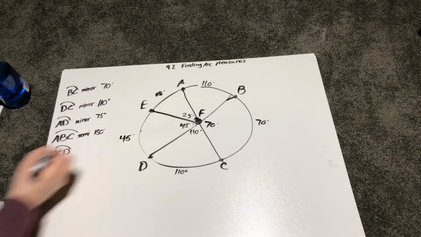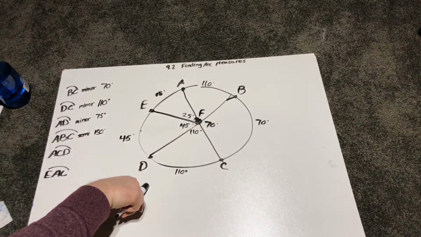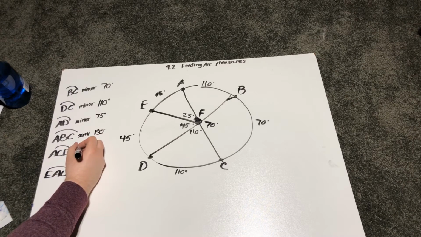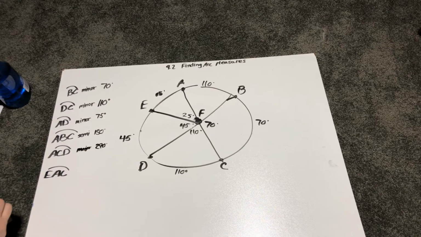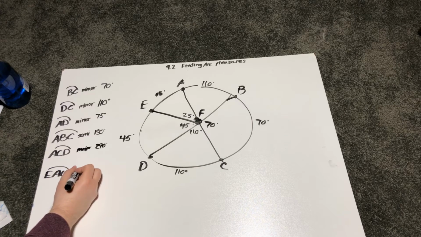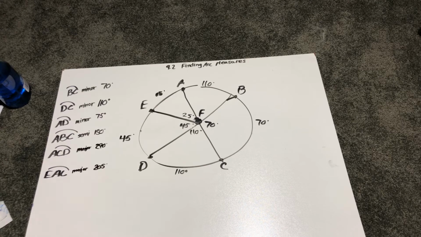Semicircles are always 180 degrees. ACD, we add all those up. It's major. That's 3 letters, and 290 degrees. And the measure of arc EAC, which is a major arc, is 205 degrees when we add them up.